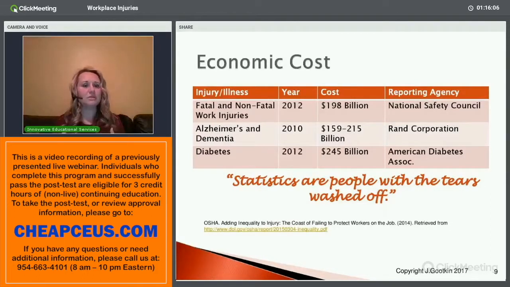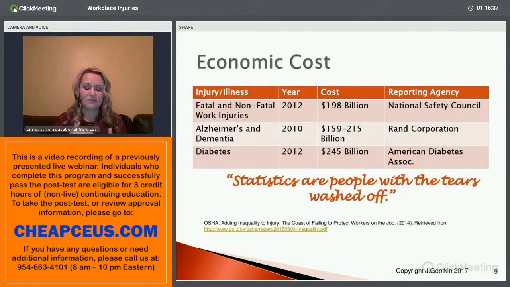If we compare to other countries, I looked back, and in the 1990s in the UK, they implemented very strict standards for construction sites to address this concern of workplace injuries. If we look at just fatalities in that setting, they have a third of the fatality rate that we have here in the United States since they implemented those guidelines.